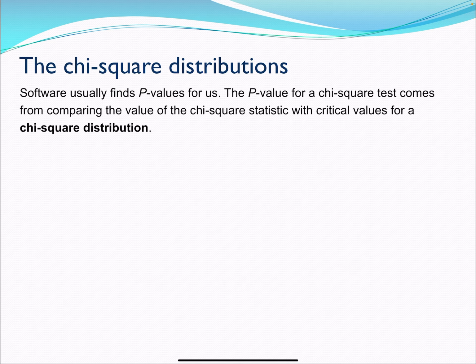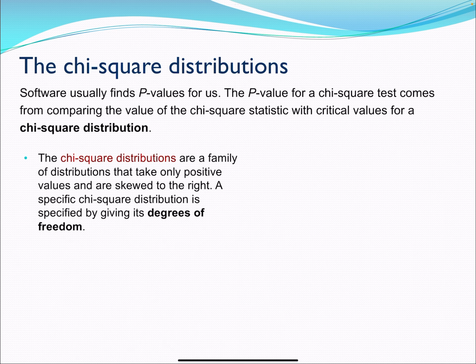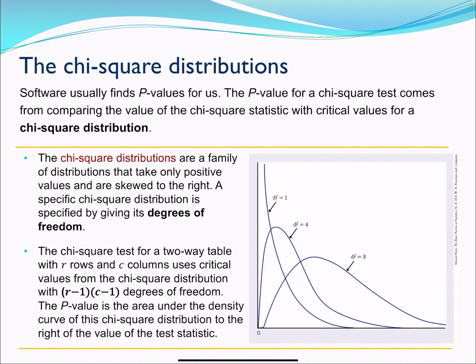So we can use technology to find the p-values for us. The p-value for a chi-squared test comes from comparing the value with the critical values for the chi-squared distribution. Much like the t-distributions, they have degrees of freedom. The chi-squared distributions are a family of distributions that take on only positive values and are skewed to the right, and the shape changes based on its degrees of freedom.